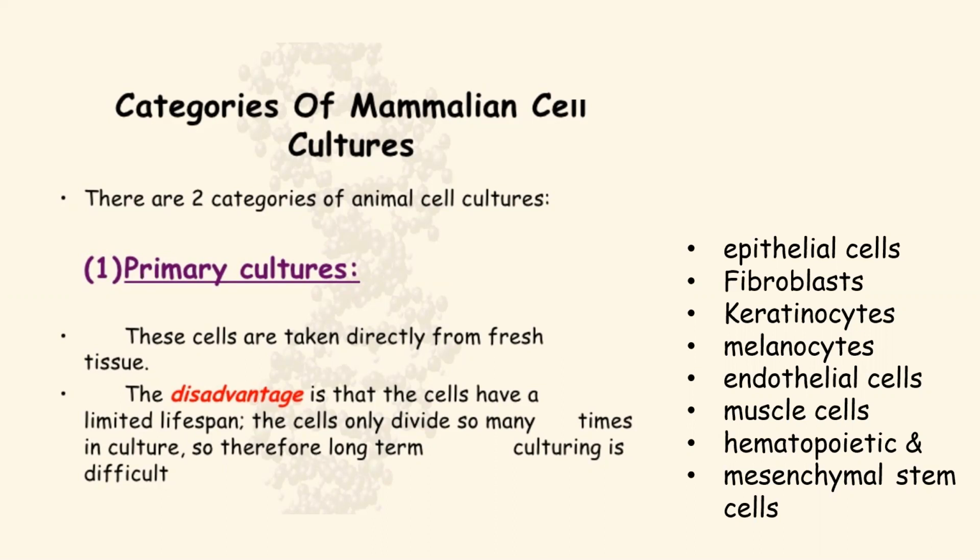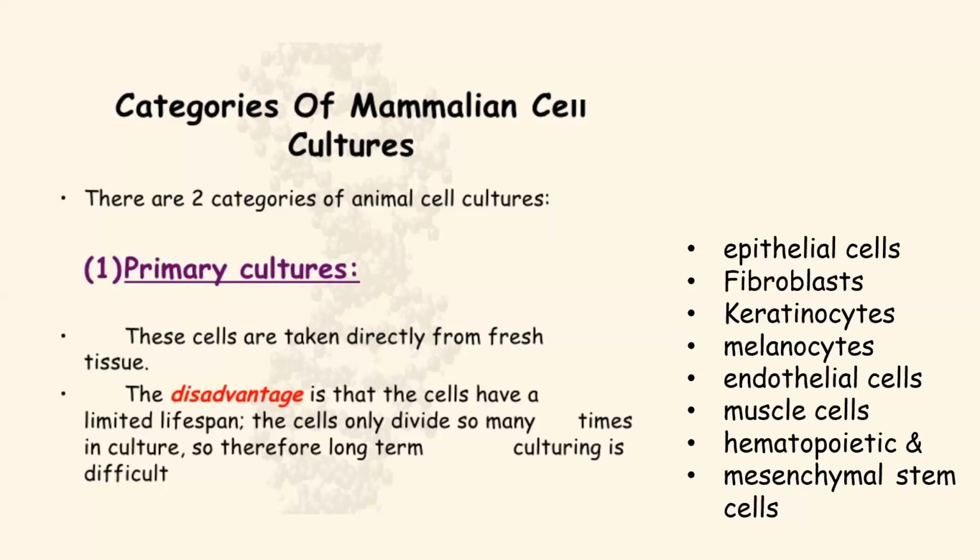What does trypsin do? It loosens the cells from the other parts. It cuts the connections. And then we maintain the growth of these cells with a suitable substrate of either glass or plastic or other novel polymer materials under controlled lab conditions.